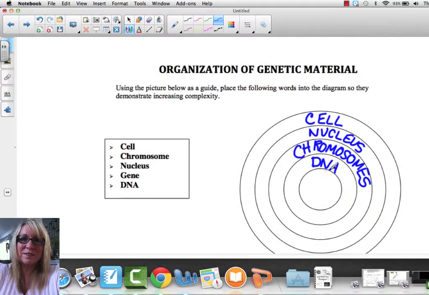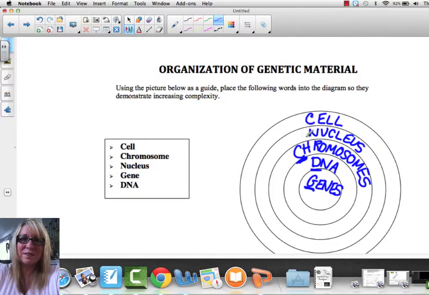And then our DNA is made up of genes, where it contains the genes. So cell, nucleus, chromosomes, DNA, genes. Once you get to chromosomes, you can remember its alphabetical order, C, D, G.